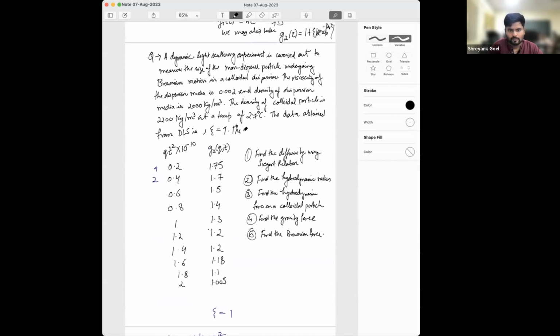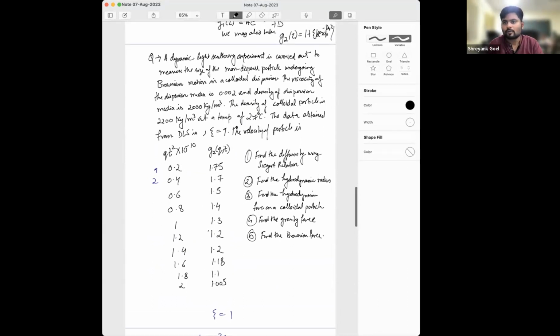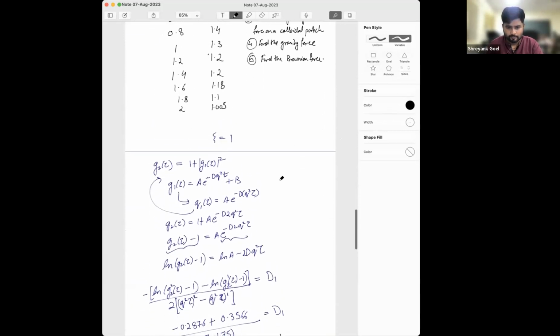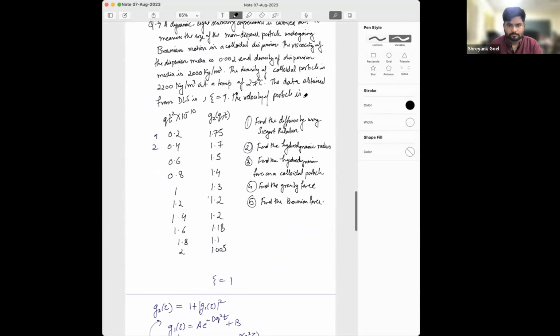The velocity of the particle is, this should be there, that is 0.5 micrometer per second.